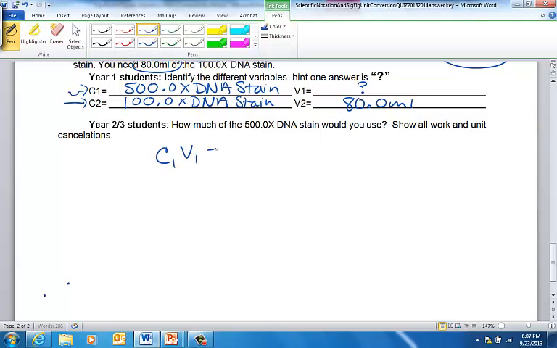C1V1 equals C2V2. Divide by C1, divide by C1. C1 cancels out, our initial concentration cancels out. So therefore, to solve for how much of the initial DNA stain we need to use to make 80 milliliters of 100X DNA stain from 500X DNA stain, we would do the following math.